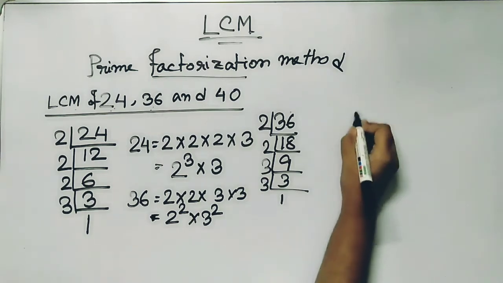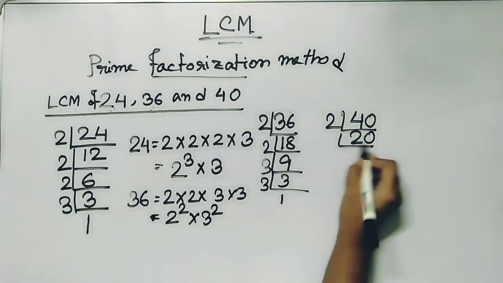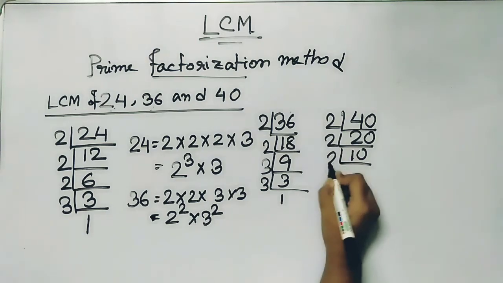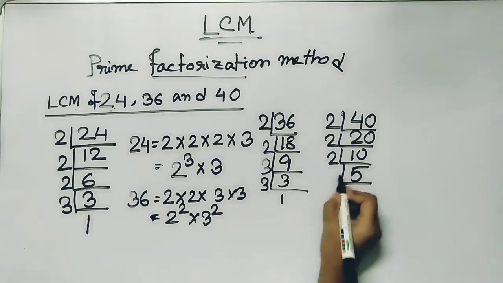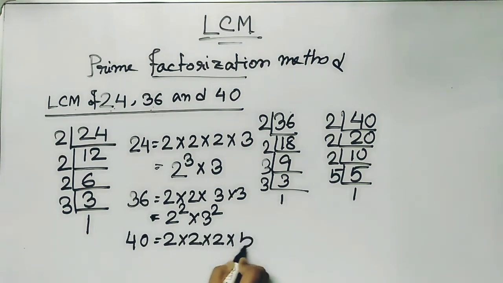Next we have to factorize 40. So 20, 10, 5 and 5 is divisible by 5. So 5 ones are 5. So we can write 40 equal to 2 into 2 into 2 into 5. Now see, here 2 comes 3 times. So we can write 2 cube into 5.